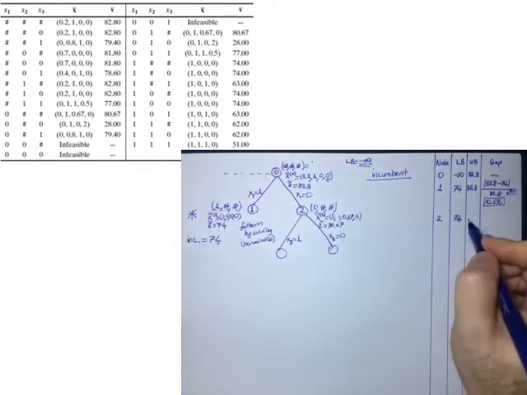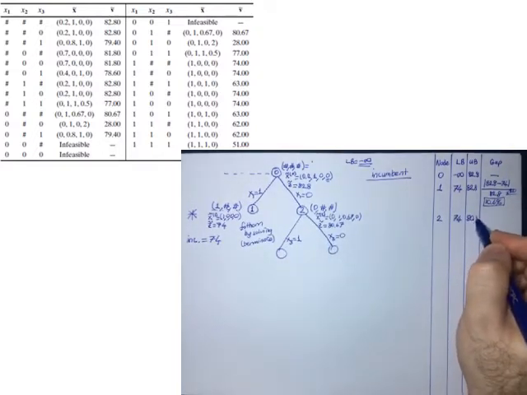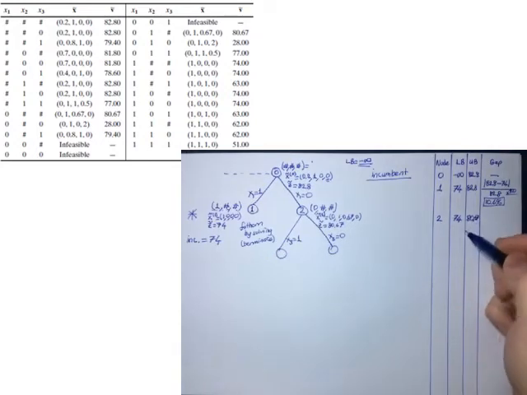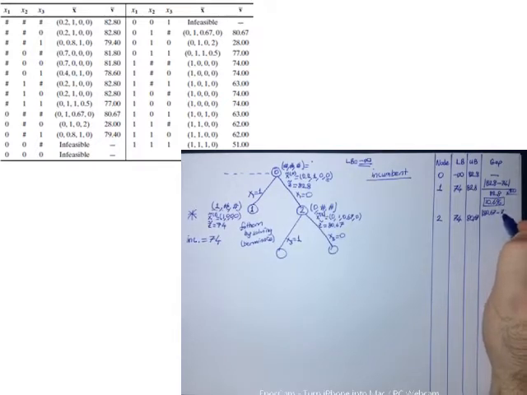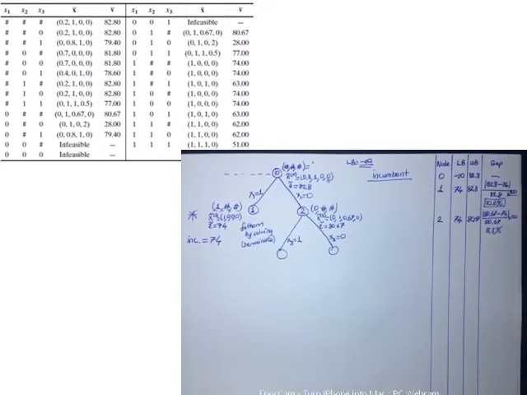So the best that you can obtain is 80.67. It means that your gap value should be 80.67 minus 74 divided by 80.67 multiplied by 100, and if you calculate, it makes 8.3%.